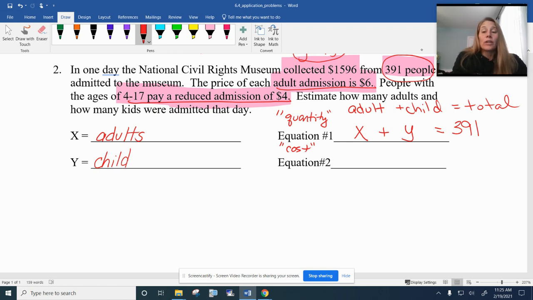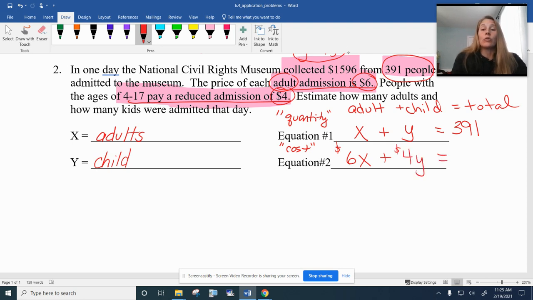So now the second equation is going to be our cost equation. So really all you have to do is use the numbers that had the dollar signs. So we know adults is $6, so I'm going to make that 6x. And then children is $4, so that would be 4y.